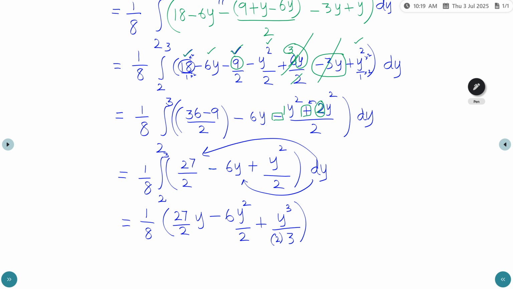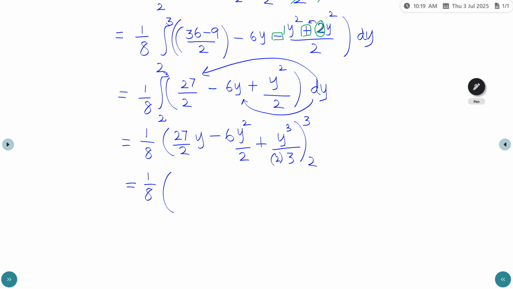Upper limit is 3, lower limit is 2. 1 by 8 into 27 by 2, upper limit value 3 minus lower limit value 2, minus 6 by 2 common, upper limit value 3 squared minus lower limit value 2 squared, plus 1 by 6, upper limit 3 cubed minus lower limit 2 cubed.